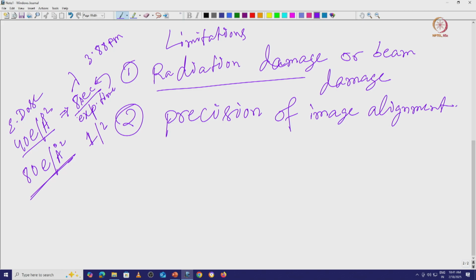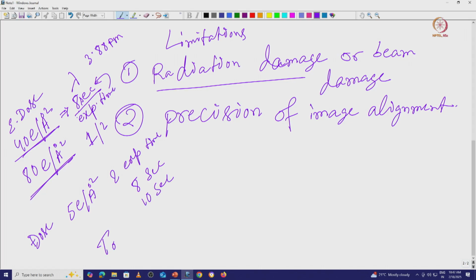Generally for our purposes we reduce this electron dose more, so it is something like 5 electrons per angstrom square per second, and the total exposure time we are using is 8 seconds or 10 seconds.